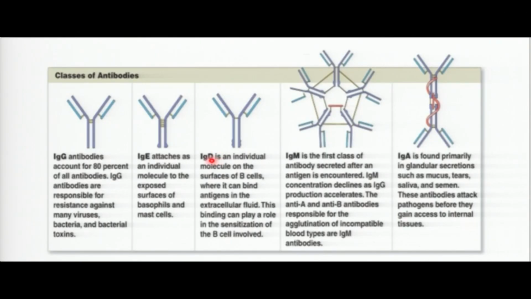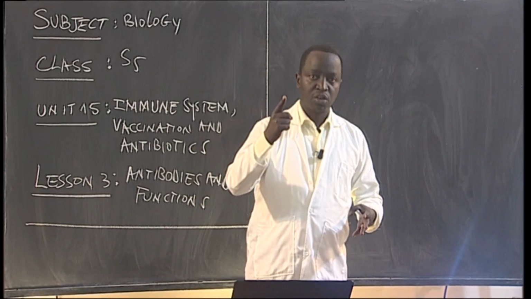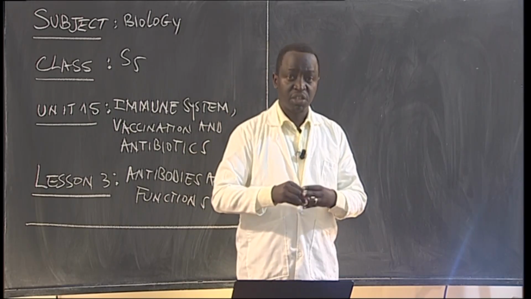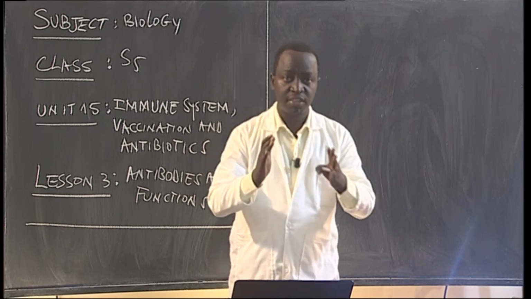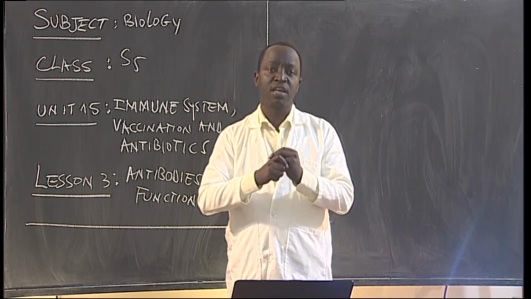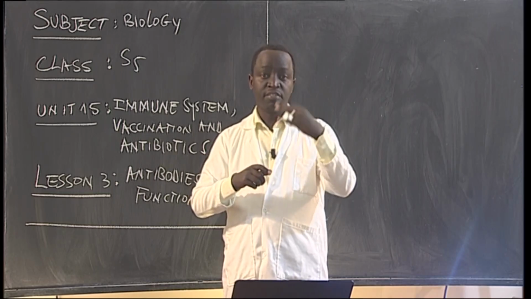We have now this IgD. This IgD is an individual molecule on the surface of B cells. When we talk about B cells, those are B lymphocyte cells. They are among the white blood cells, those cells that protect our body against diseases.